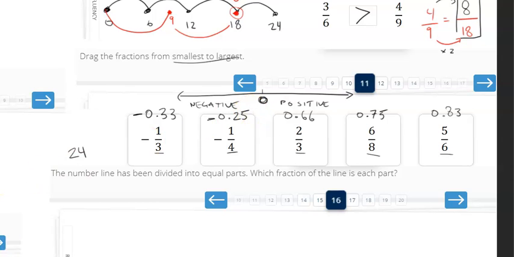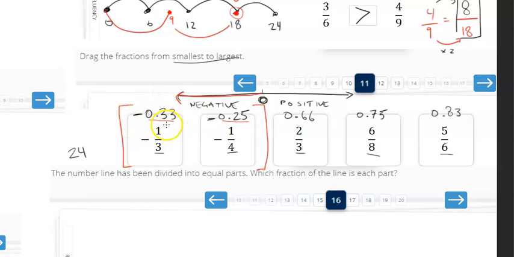Just be careful though that when it comes to the negatives over here, even though 0.33 is greater than 0.25, when we get to the negative zone, it goes this way. So the more there is of something within the negative spectrum, the less that number is.